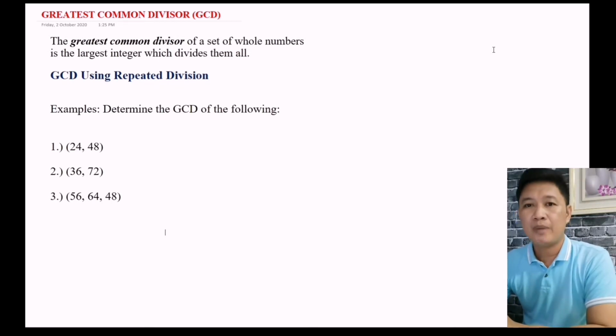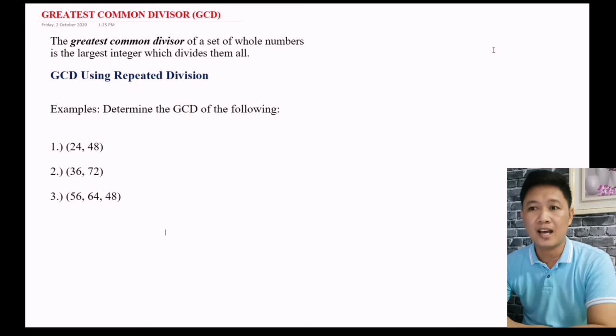So, meron tayong process sa pag-determine ng greatest common divisor at ang gagamitin natin ngayong araw ay ang repeated division. Paano ba mag-work ang repeated division? Ipapakita ko sa inyo kung paano ito ginagawa. And by the way, bakit kailangan nating malaman kung ano ang greatest common divisor ng mga numbers?